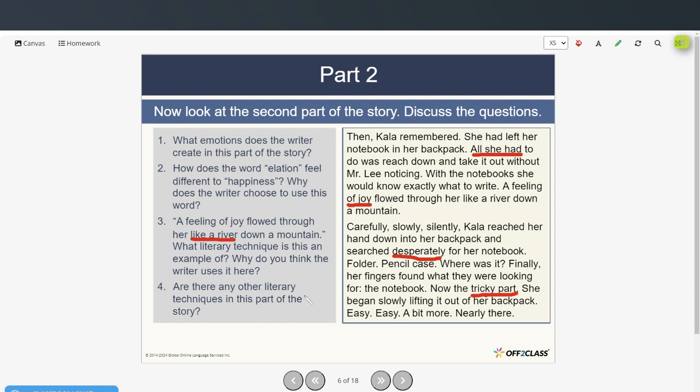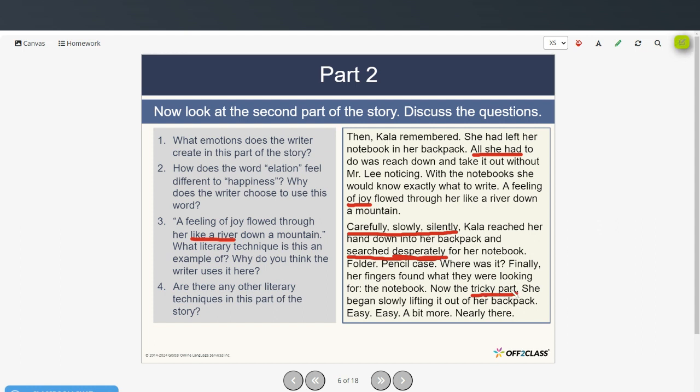And are there any other literary techniques in this part of the story? Well, the carefully, slowly, silently, those are kind of emotive words. Where she searches desperately. Again, desperation is a very strong emotion.